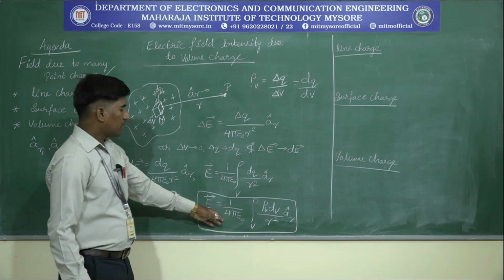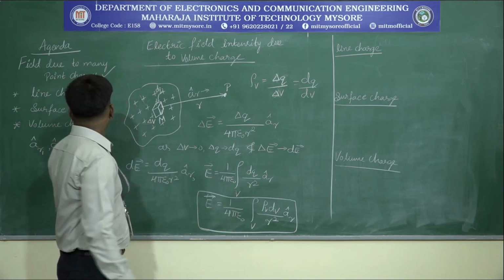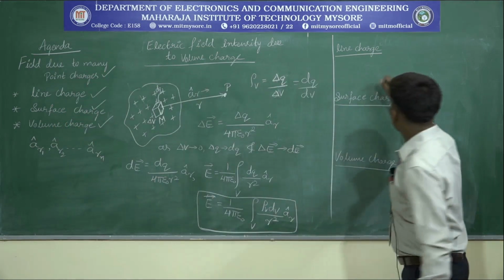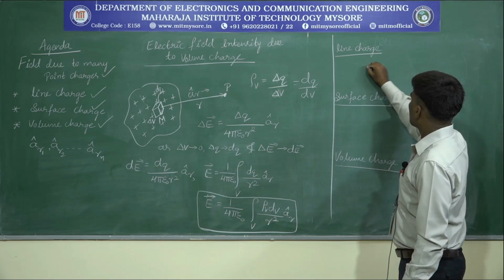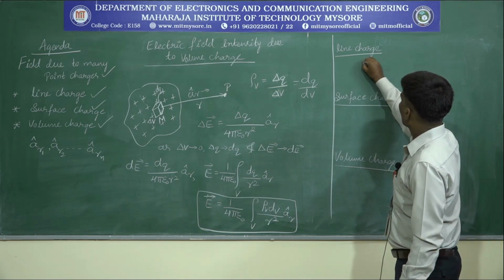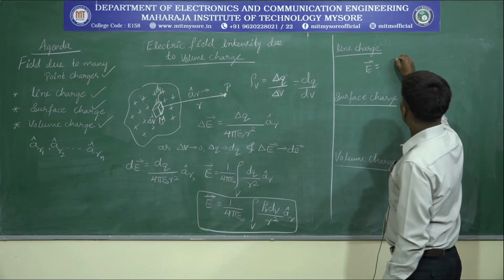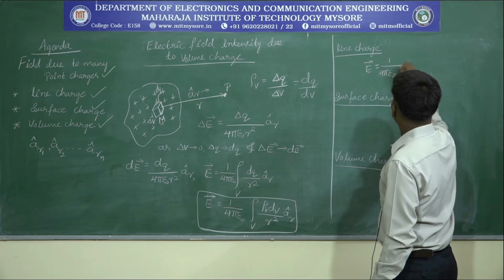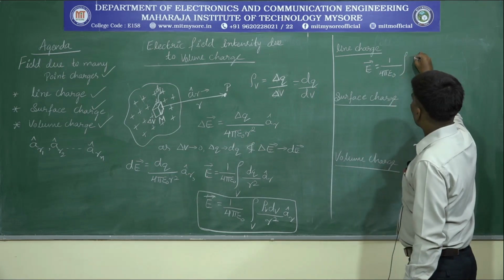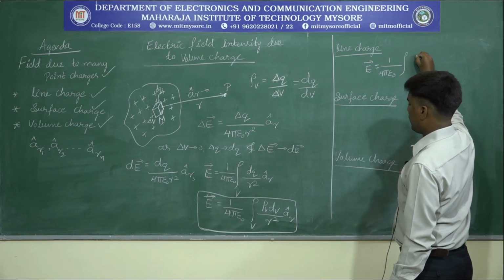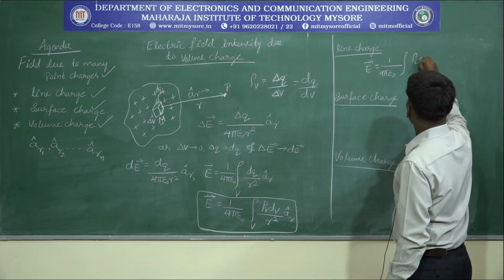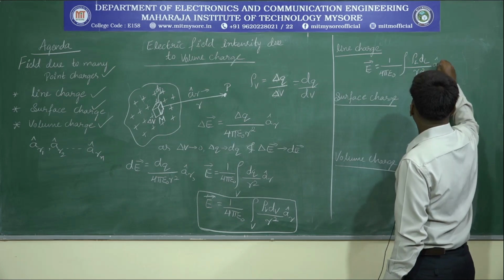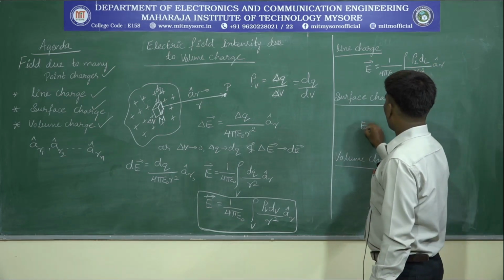But now we need to consider one more factor here in all the three topics: line charge, surface charge and volume charge. Let us recall the equations for all the charge distributions. That is, E is equal to 1 by 4 pi epsilon naught into integration of rho L into dl divided by r square into a cap r in this particular case.